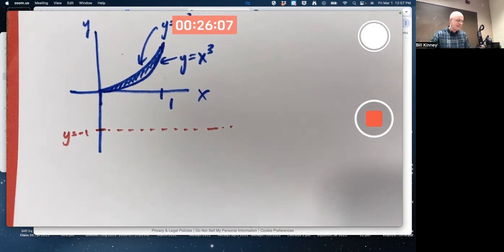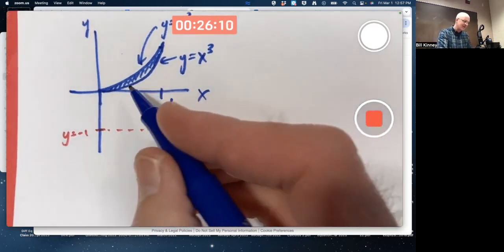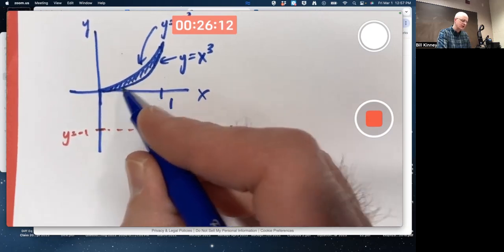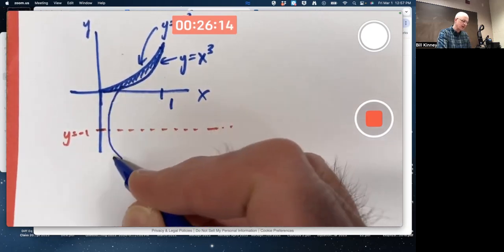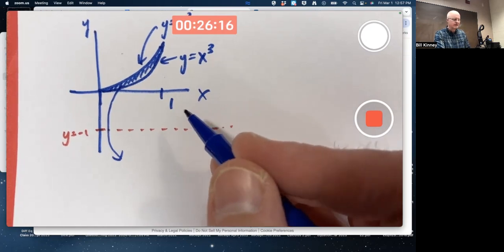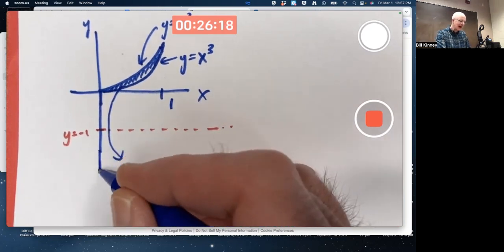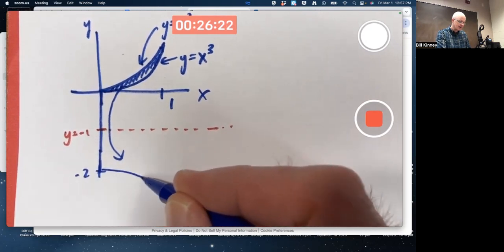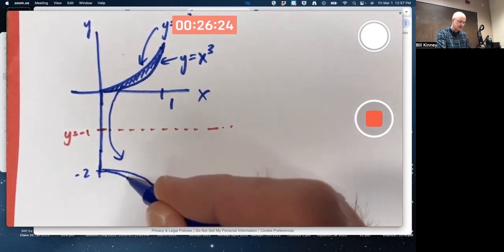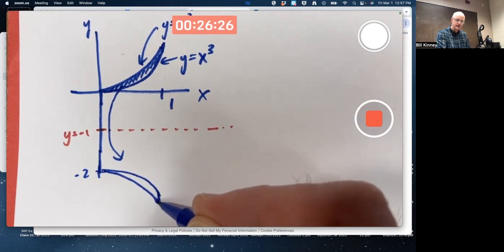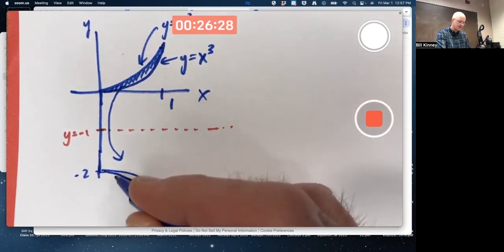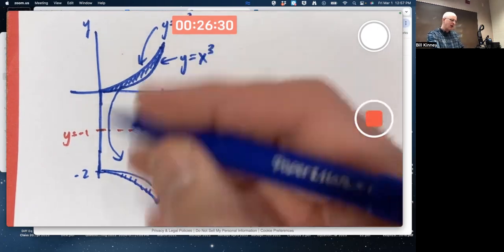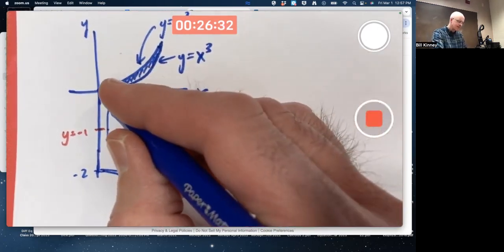What kind of solid am I going to get if I take this two-dimensional region and rotate it around that line y equals -1? It's kind of tricky to try to draw it. I could draw sort of another piece of it down here. That's kind of the mirror image of that piece up there. But you also have the part in between.